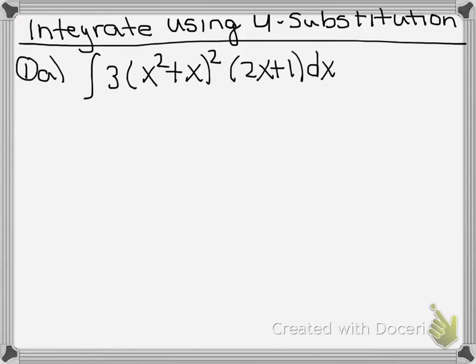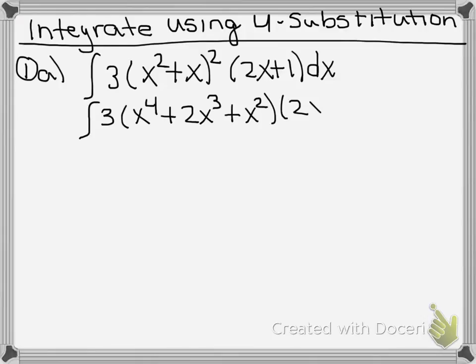When I expand this, it's now going to become the integral of 3 times, FOIL out x squared plus x, so you get x to the 4th plus 2x to the 3rd plus x squared, and then that's times 2x plus 1.